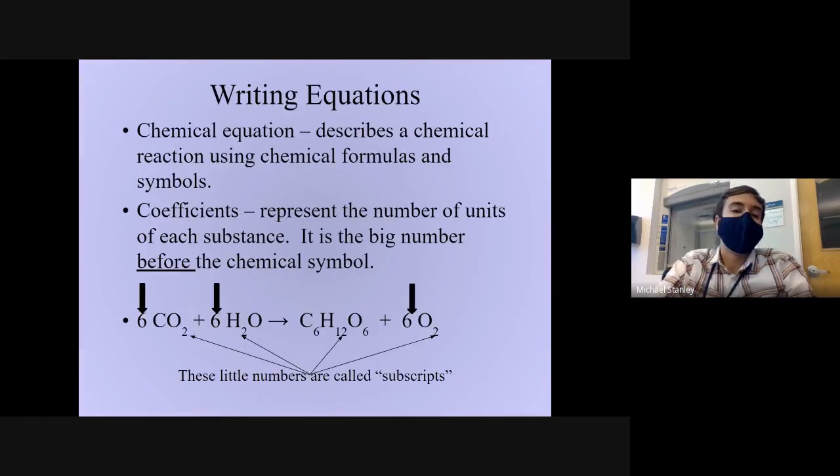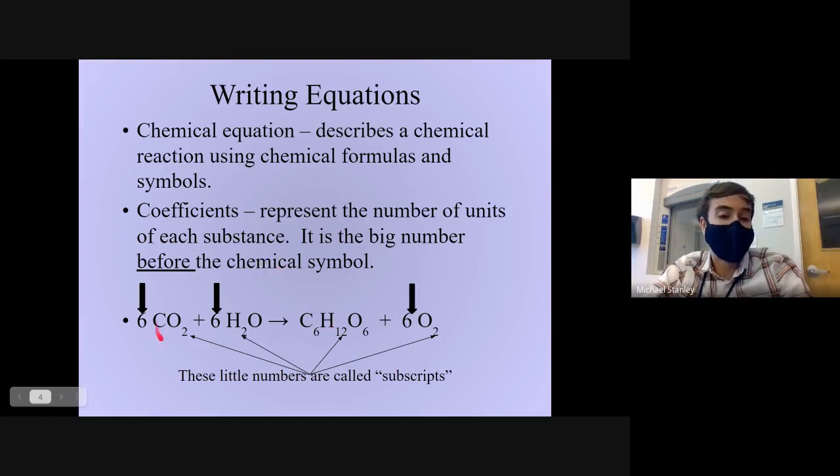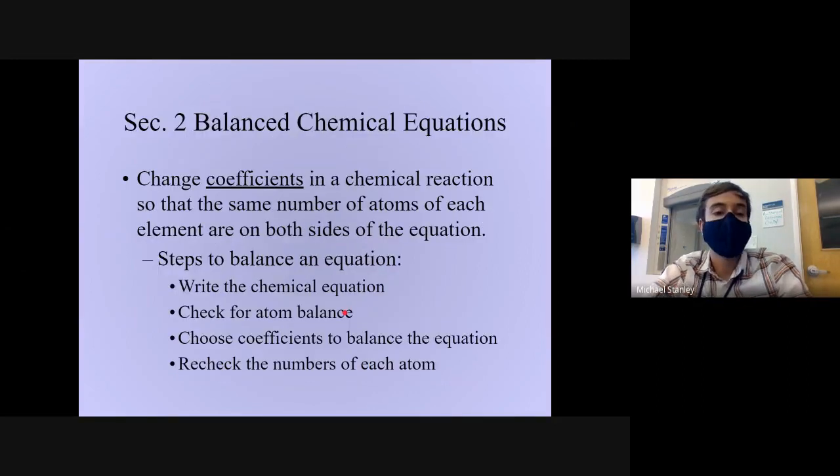For our photosynthesis equation, however many C's we have on the reactant side, we should have that many on the product side. The same goes for O's and for H's. That is the goal: the same number of atoms on each side of the equation.